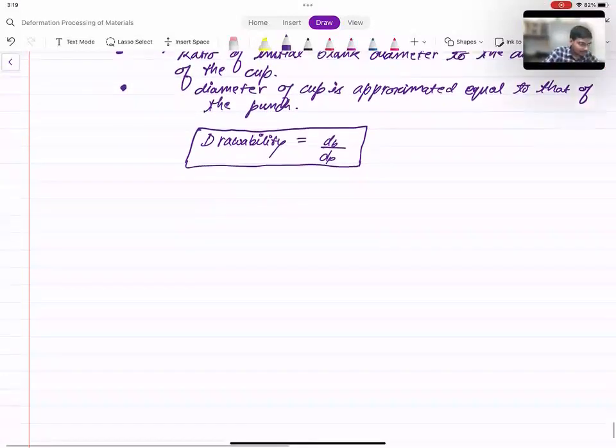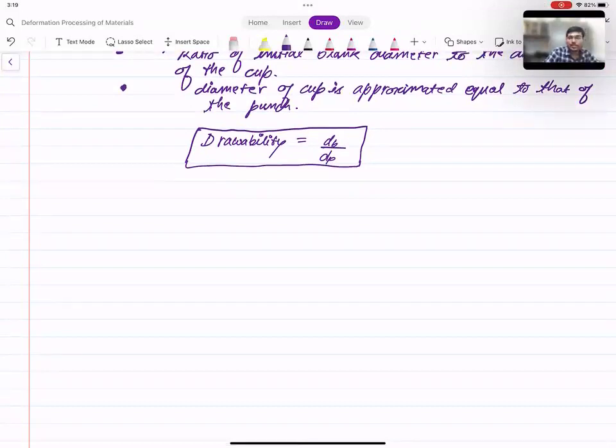The limiting drawing ratio represents the maximum diameter of a blank which can be drawn into the shape of a cup with a given punch diameter without any failure or rupture.